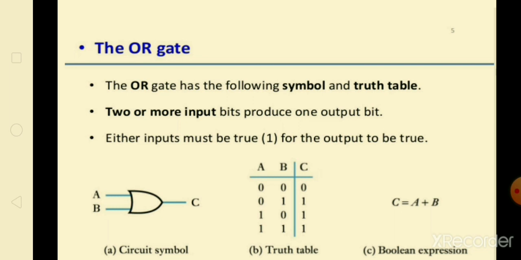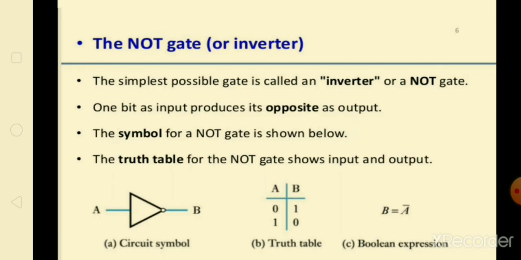Or you can write: when both the inputs are 0, at that time the output is 0, else the output is 1. Or you can also say when both the inputs are off, at that time the output is off, else the output is on.